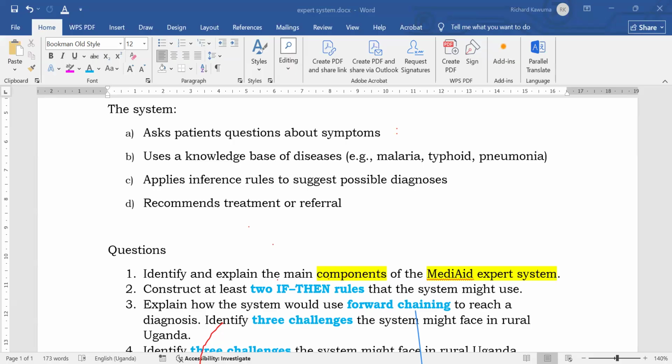Okay, someone else said the inference engine. Can you explain why you said inference engine?